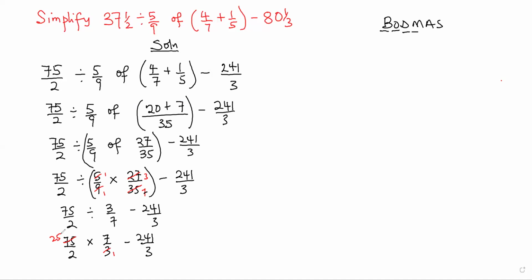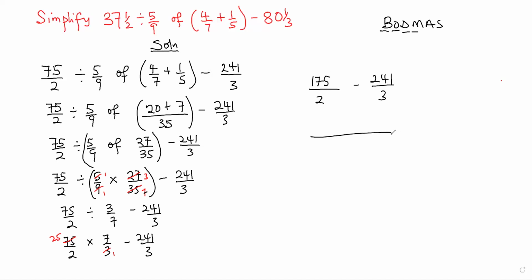And so we'll be having 25 times 7, giving us 175, divided by 2, then minus 241, divided by 3.